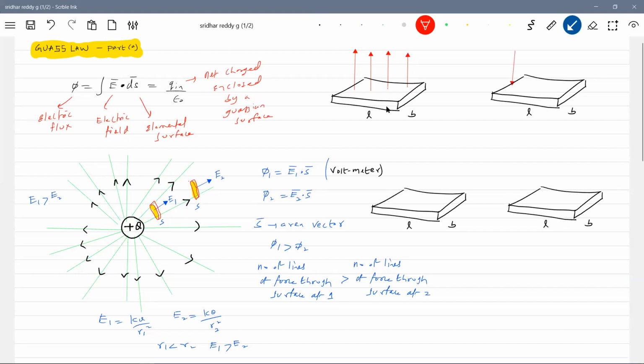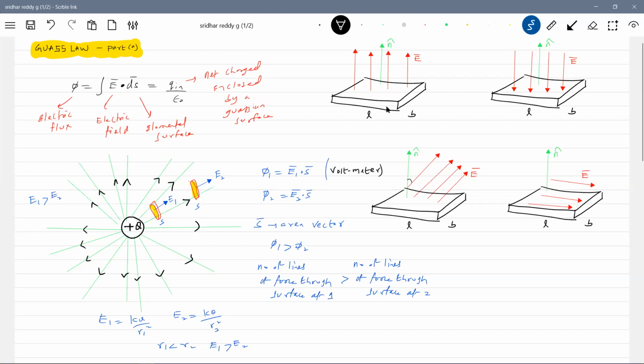So now I consider four situations, where the field makes an angle, let it be theta, and that I'll call alpha.